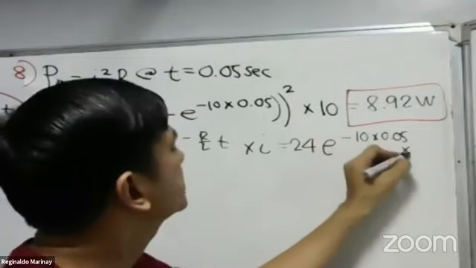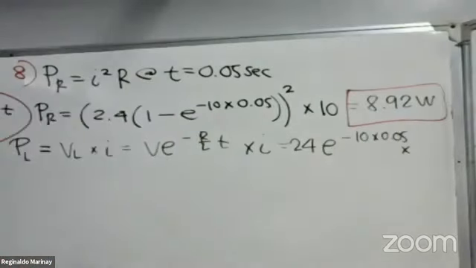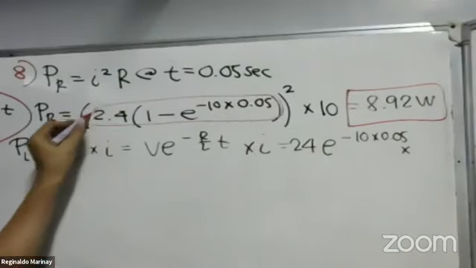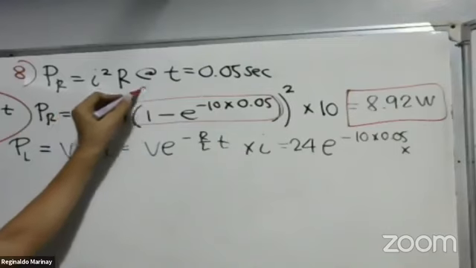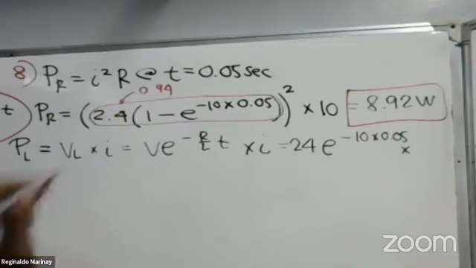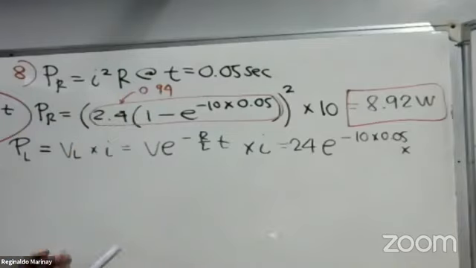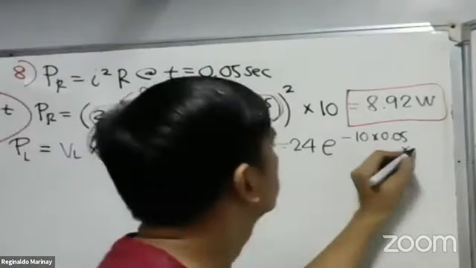Times I. By the way, I calculated I. What is your value for I? I got approximately 0.94. Did you get this also? So, I will just put 0.94 here.